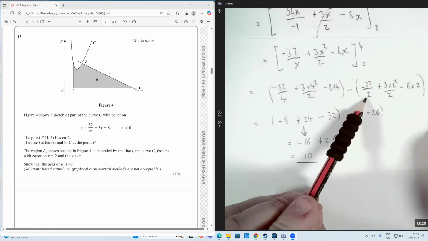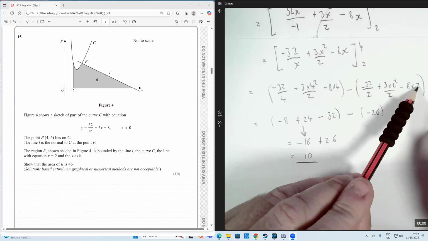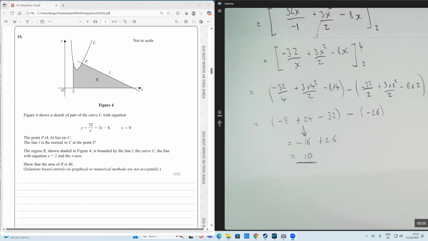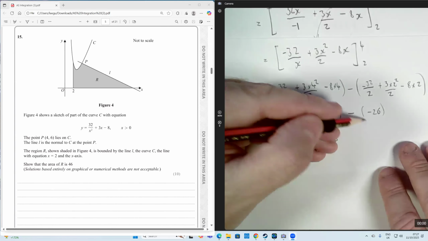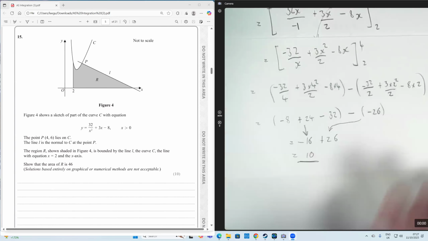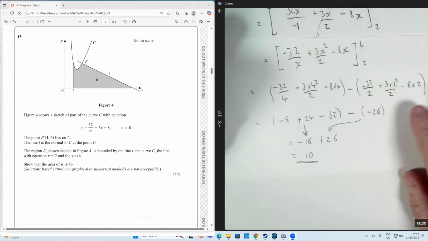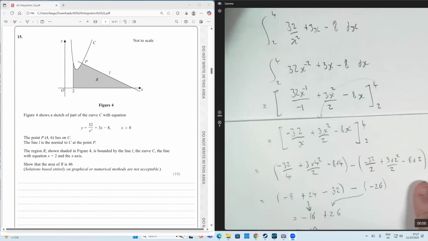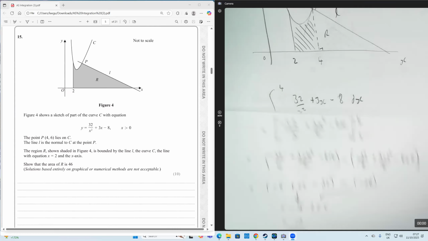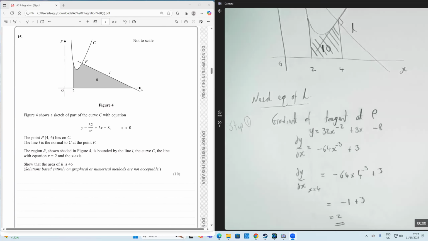We evaluate those terms, and that comes to minus 26. Then a minus and a minus come together to make a plus here. So the area underneath the curve between those two limits is 10. That's the first important part of the question done. We now know that the area underneath that curve is 10, which is super important.